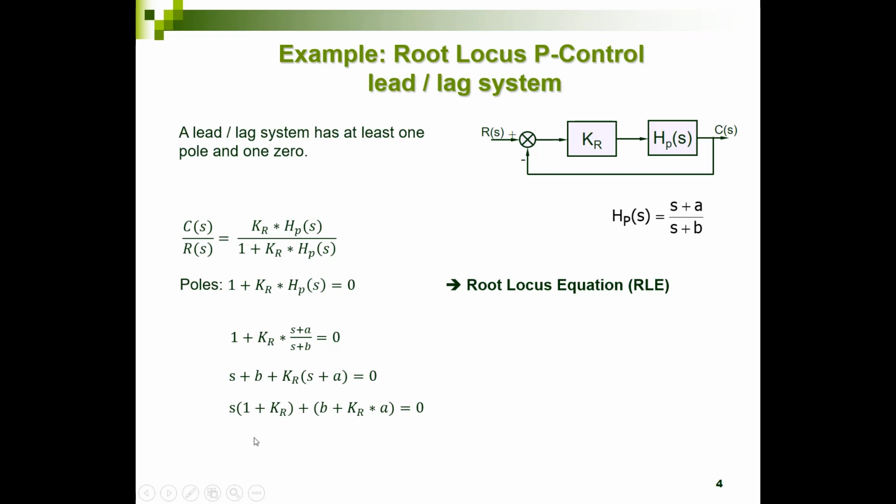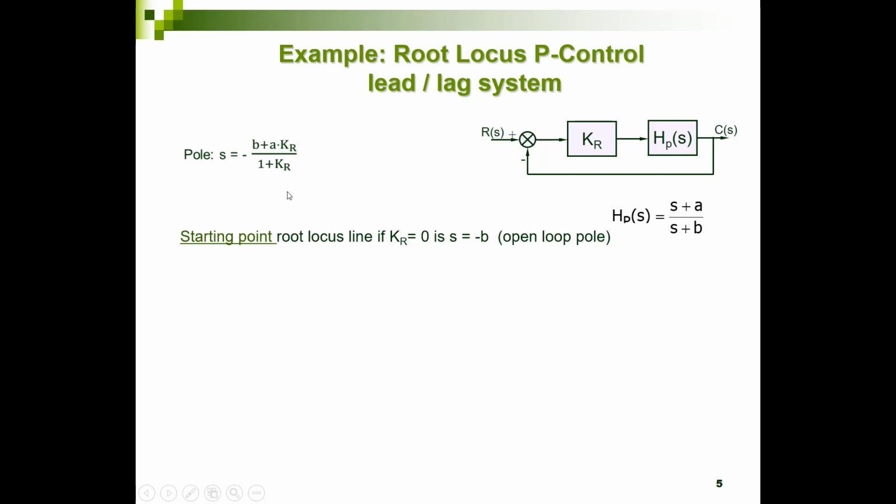So the location of my pole is, by putting this to the right side of the equation, so it becomes a minus in front of it, and then dividing by 1 plus kr, S is minus B plus kr times A divided by 1 plus kr. So again, we see for this system that the pole location depends on the value of kr.